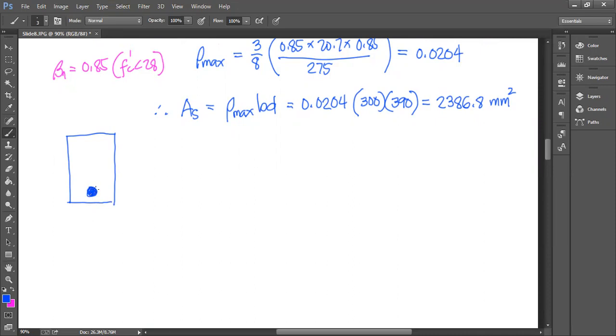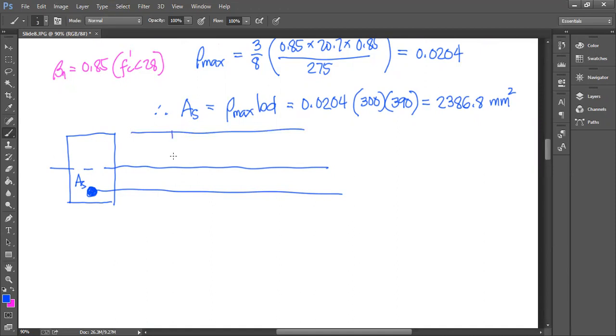So, since meron na tayong value ng AS, we can now proceed with checking if correct yung assumption natin. So, meron tayong AS, since ina-assume pa natin na this is singly reinforced, pwede tayong mag-check between compression and tension. Yung compression natin is equal to 0.85 F prime C AG, whereas yung tension natin is equal to AS Fy.